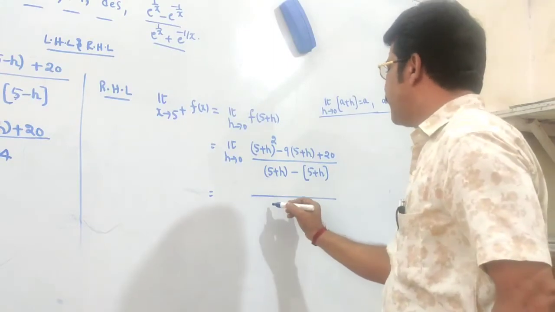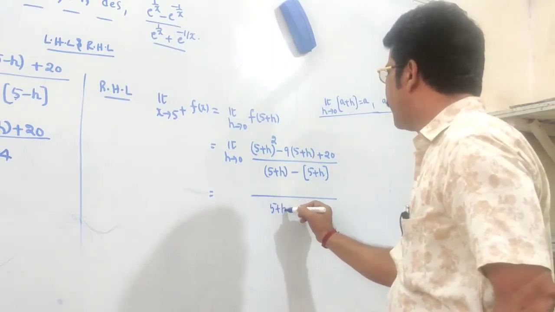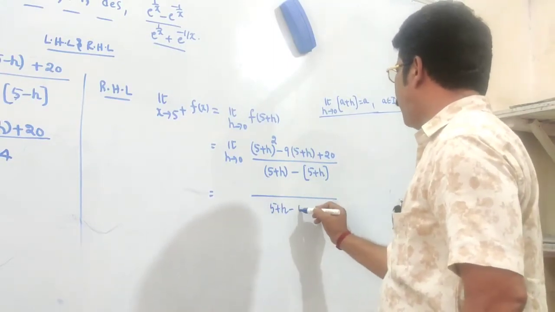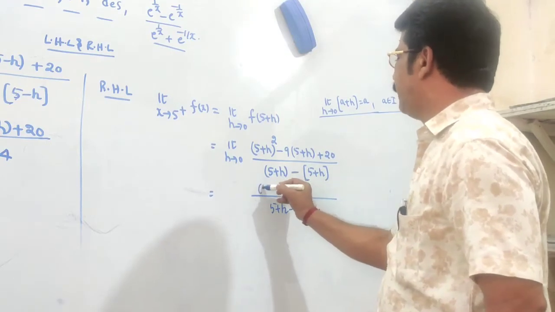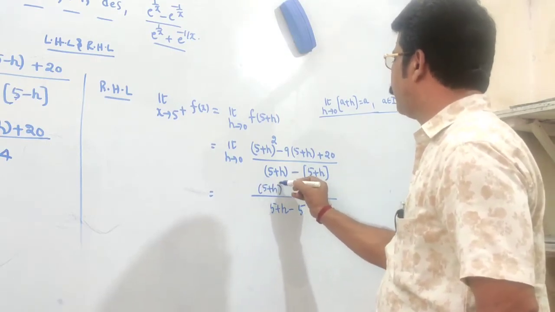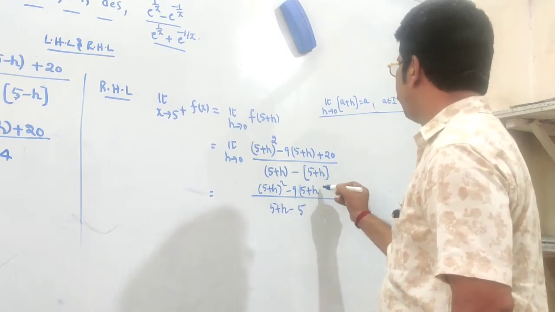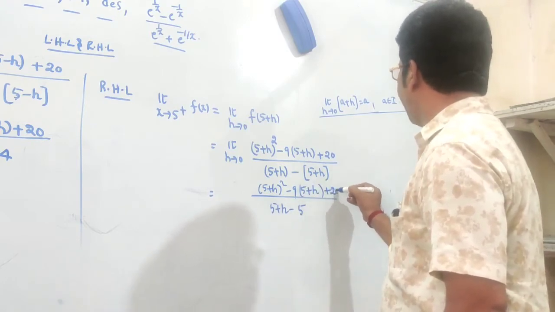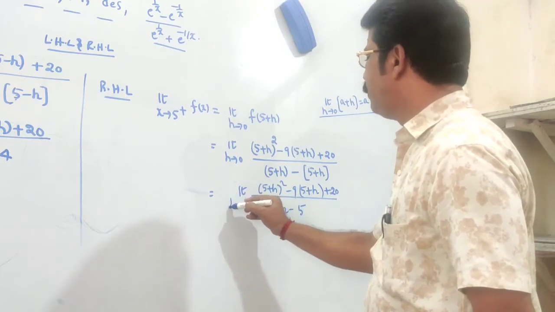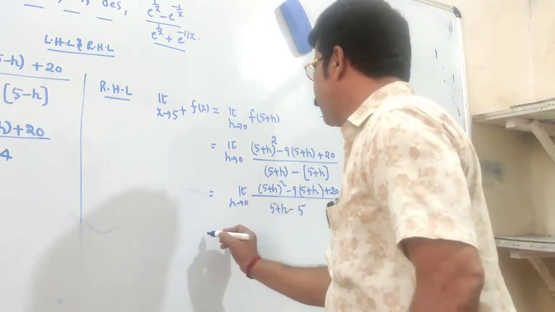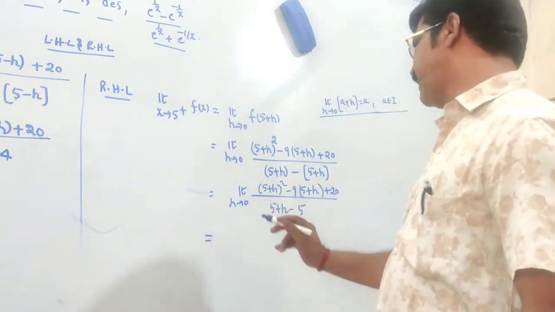So this is 5 + h minus 5. The remaining part we write the same: (5+h)² − 9(5+h) + 20, as h tends to 0. Now, as usual according to the procedure, put h equal to 0.